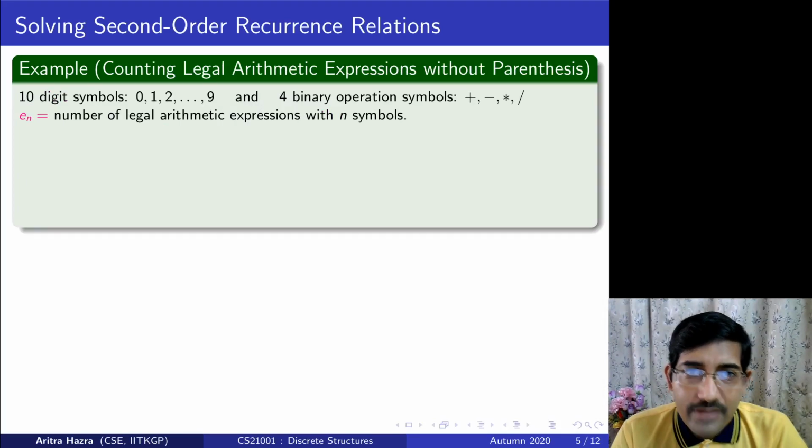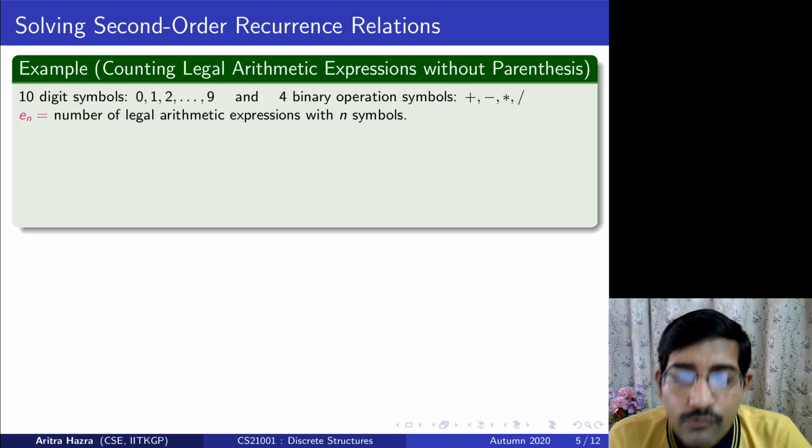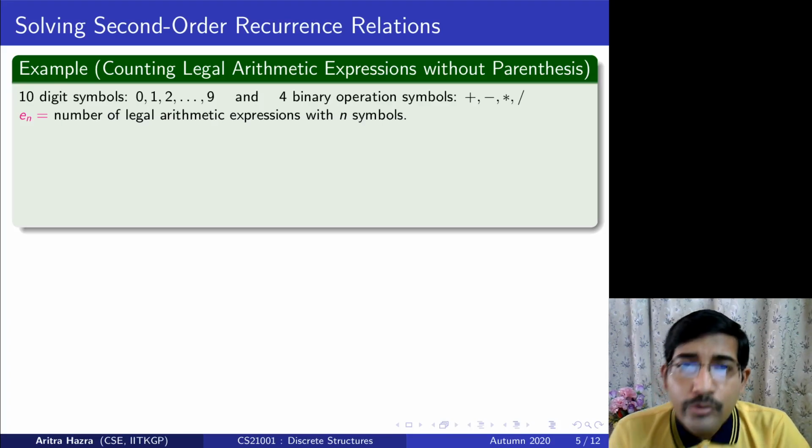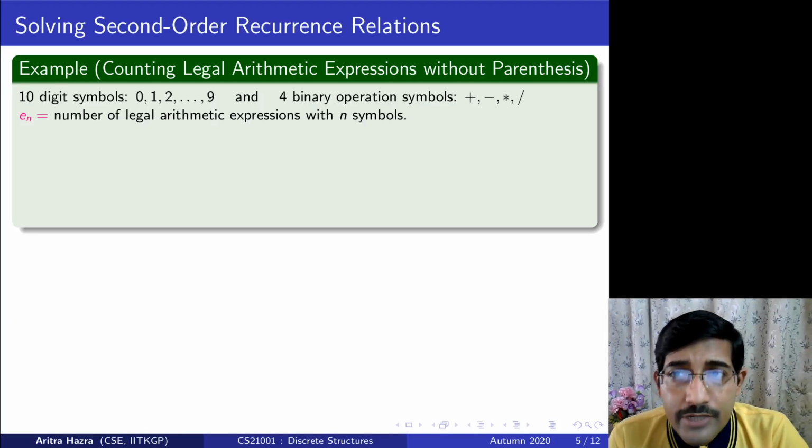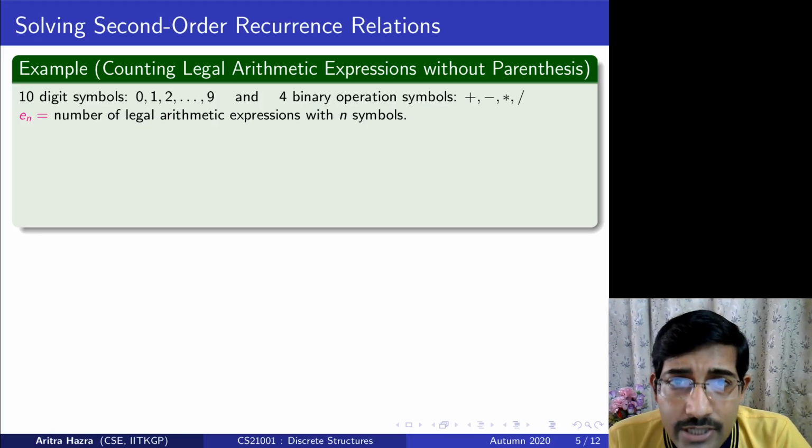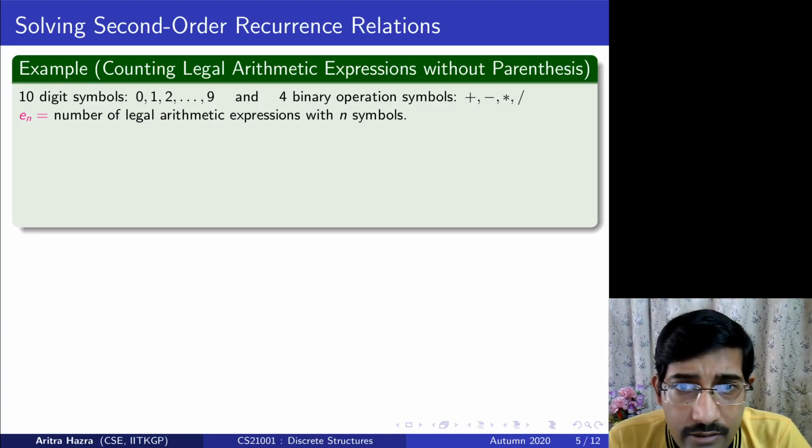A new example. Suppose I am given 10 digit symbols and 4 binary operations over those symbols. I want to compute all possible legal arithmetic expressions without parentheses. That means arithmetic expressions with the binary symbols are legal if the operator is placed in between two digits, right? 2 into 3, 4 by 2, 9 minus 4. These are all legal expressions.